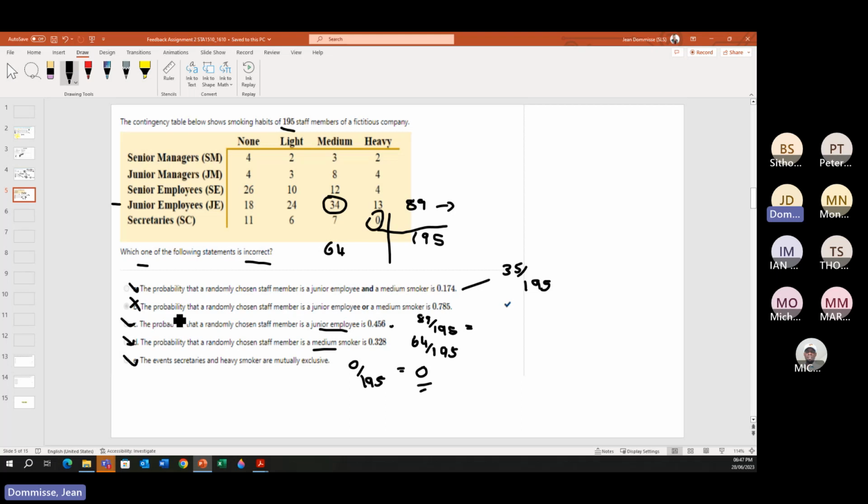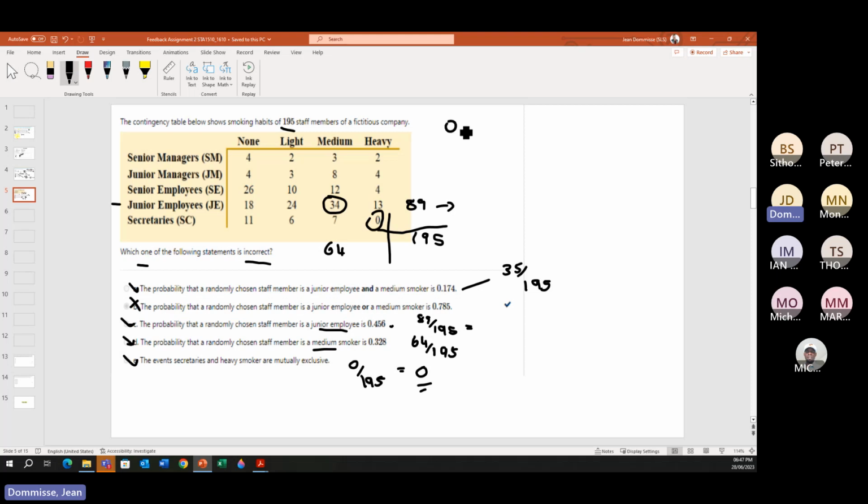The probability that a randomly chosen staff member is junior or a medium smoker. How do we get that one?